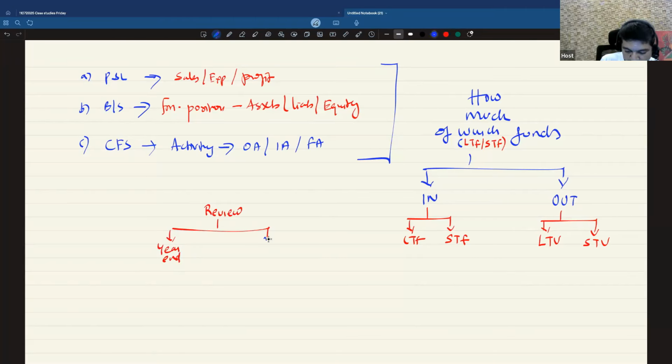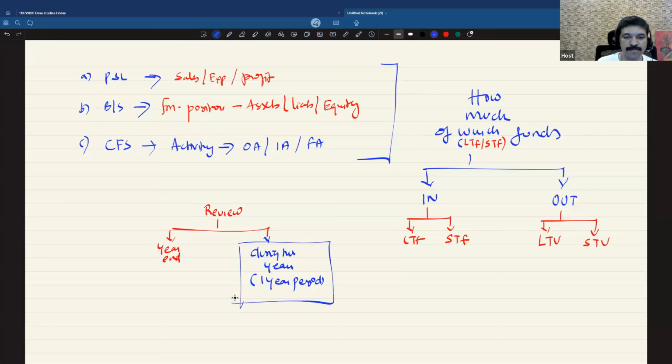You should also analyze what happened during the full one-year period. How many of you are agreeing with this? Agreed? Yes. So the balance sheet is not going to communicate that.